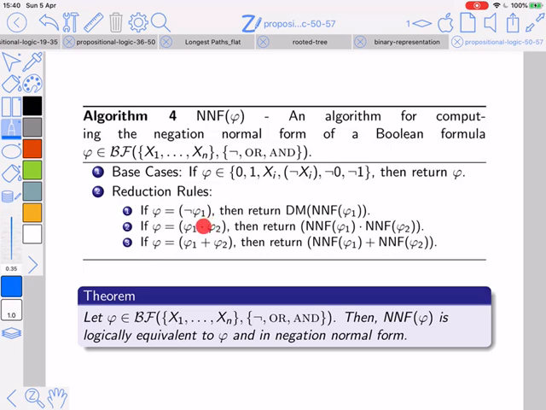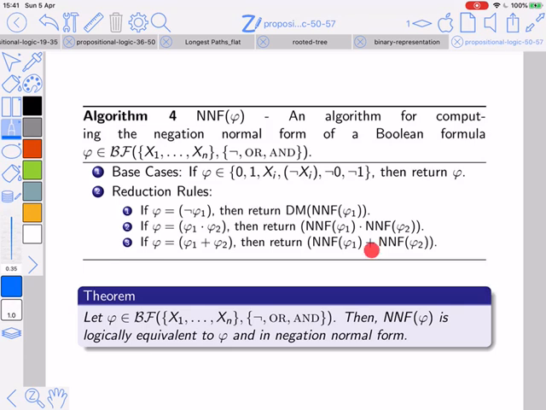If phi is the and of 2 subformulas, then you apply NNF recursively to the 2 subformulas, and you copy the and. You don't turn the and into an or, you keep the and. Same thing if phi is the or of phi 1 and phi 2: you return the application of the algorithm recursively to phi 1, the application of the algorithm recursively to phi 2, and you put an or in between.